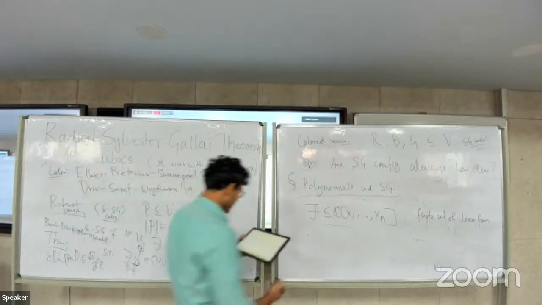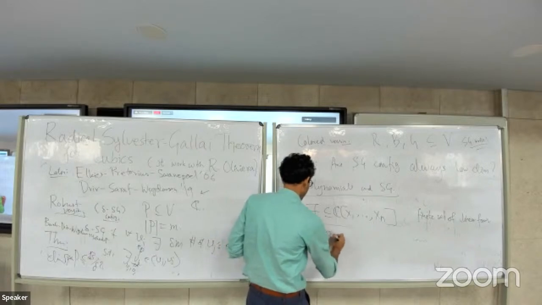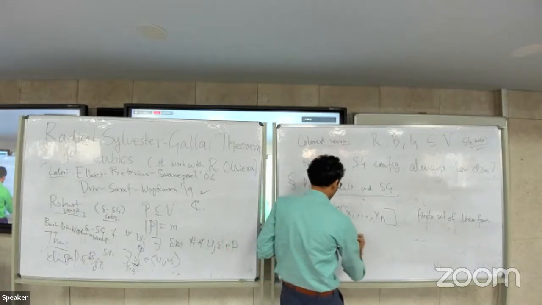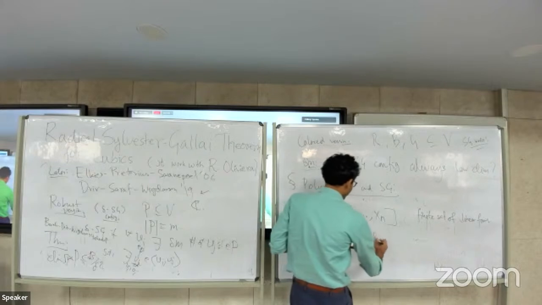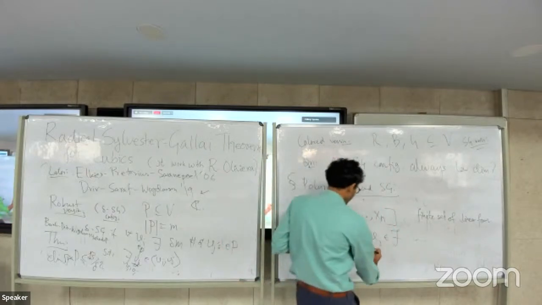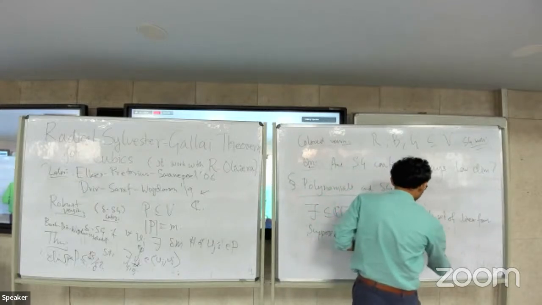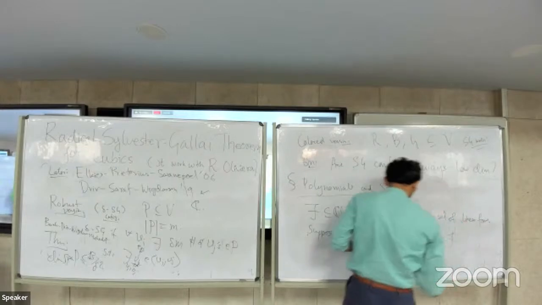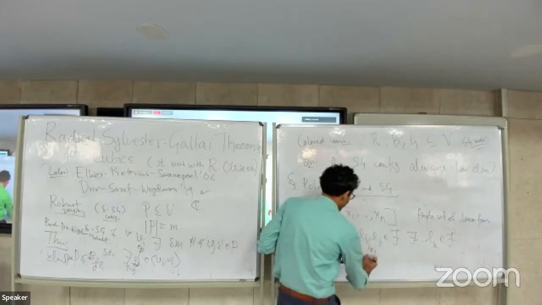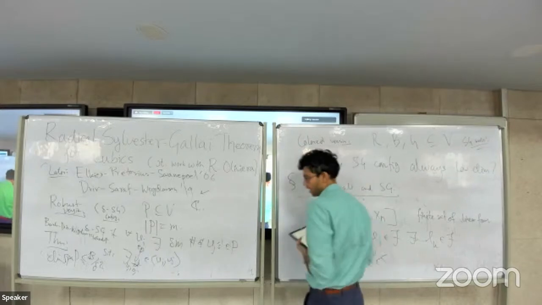Suppose for all Li, Lj inside our set of linear forms, with i not equal to j, and they're all distinct forms, there exists Lk from our set such that Lk is in the span of Li, Lj.